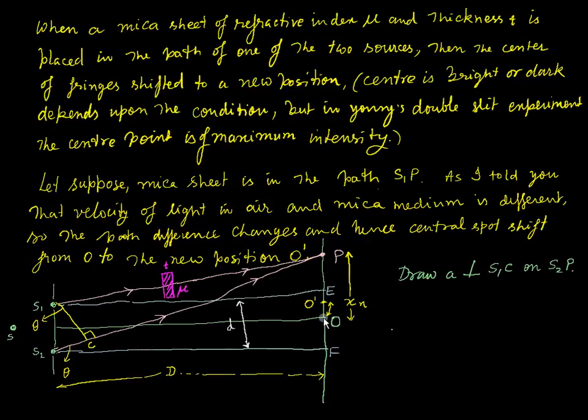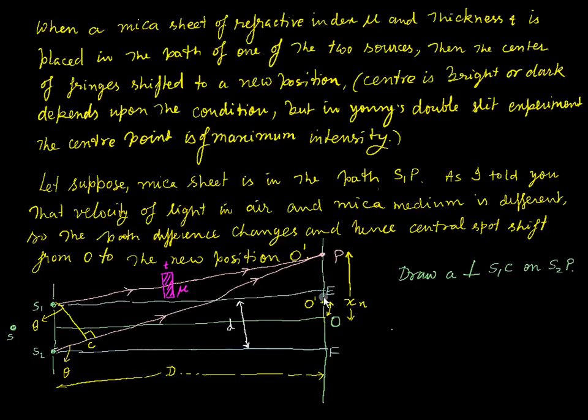As you can see here, this is the center point O, as without the mica sheet, but when you place the mica sheet, this O shifts upwards, and now this is the new point, O prime. The distance from O to O prime is x naught, right?